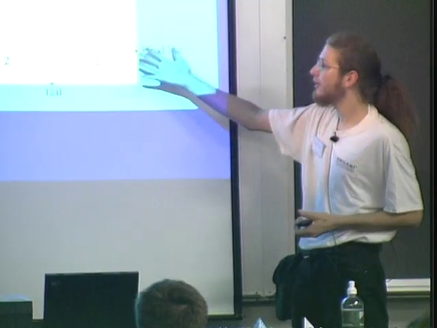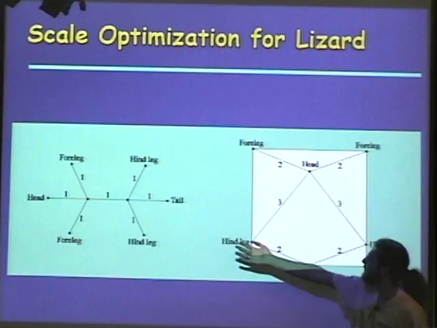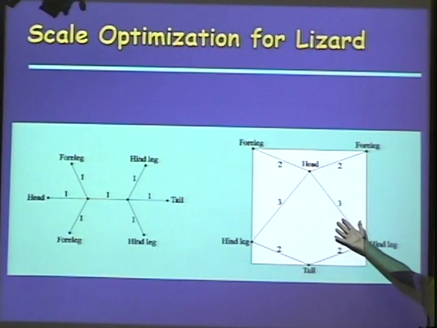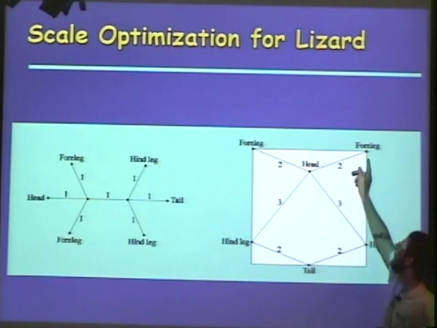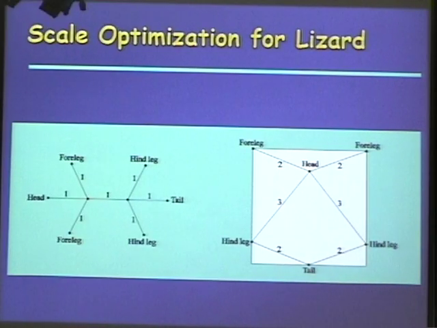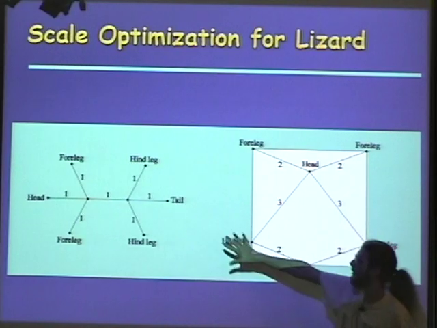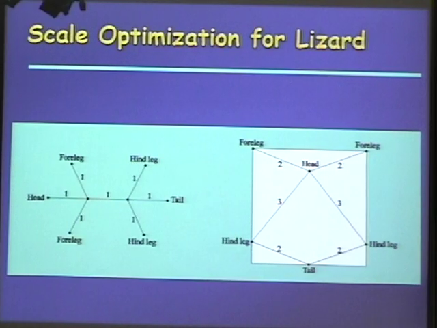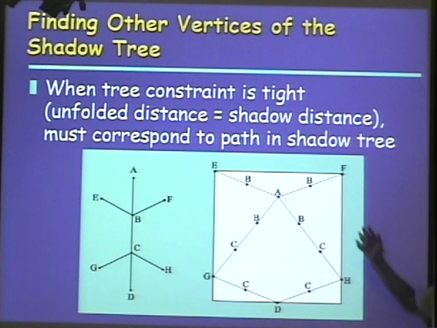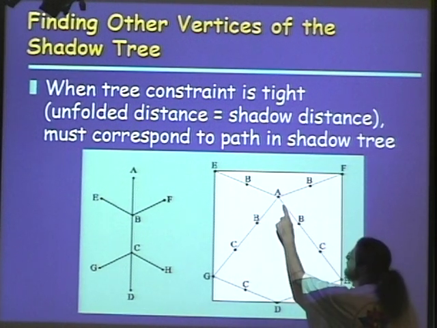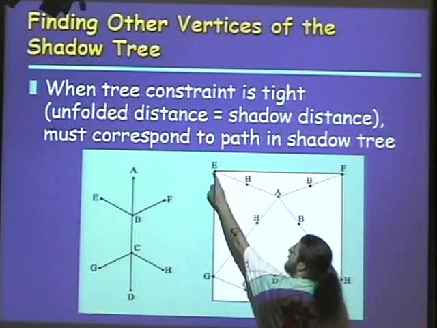You can apply it for this lizard. You get this assignment for the leaves for these points. And if you want, you can draw the corresponding disks. Actually, it's not exactly a disk packing here because it's not a star. Now we've got to somehow fill this in. And the first thing you can do is say, well, there's some edges, like from A to E here.